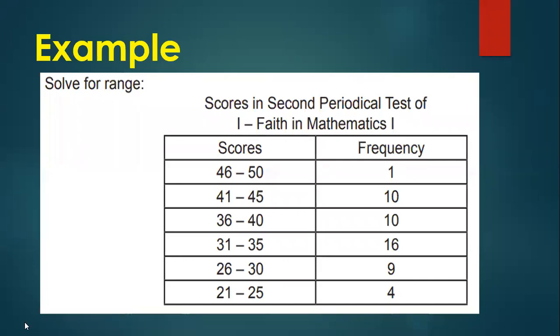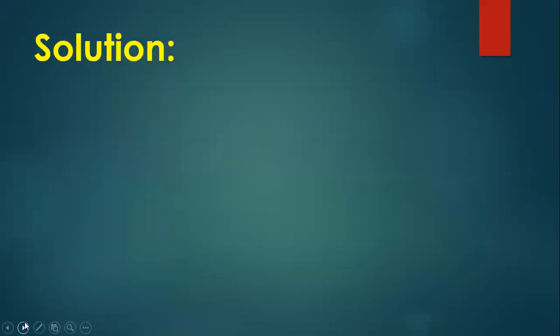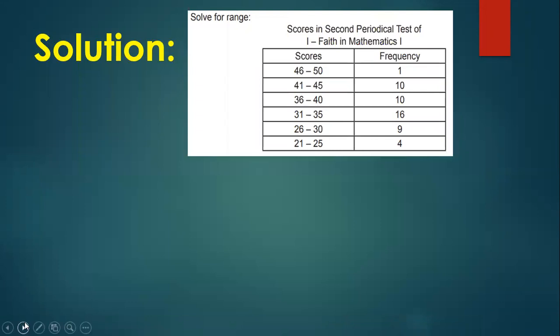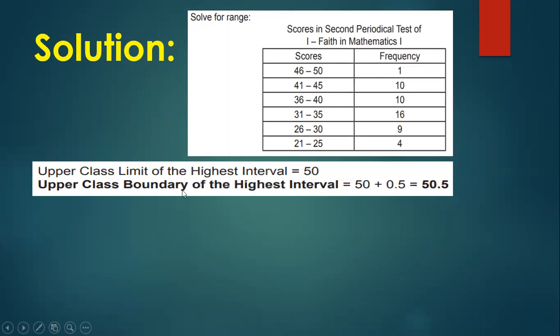Okay, solve for the range. Number one, you need to get the upper class boundary of the highest interval. Look to your class limits. The upper class limit of the highest interval is 50 here, right?